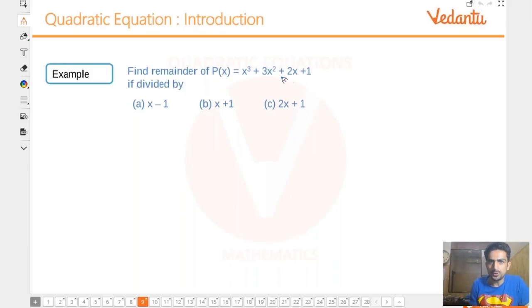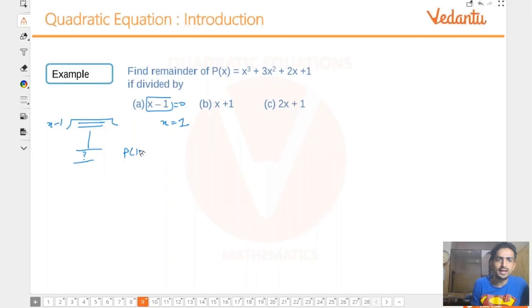Find the remainder of this polynomial when it is divided by x minus 1. Here is a big polynomial. We are dividing by x minus 1 and this remainder is asked. Wait a minute. So my theorem says you just put this equal to 0. Whatever x you get, just find the value of p at that x. That will be your answer.